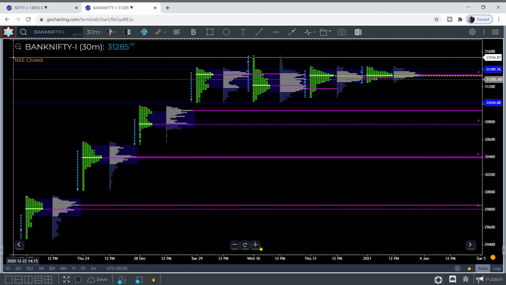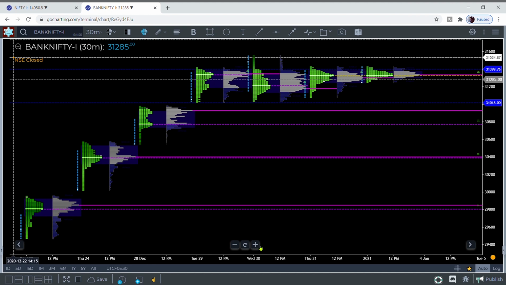This is one of the concepts which is quite useful and is actually the base, if you may call it, of market profile. Okay, so the first one is excess.